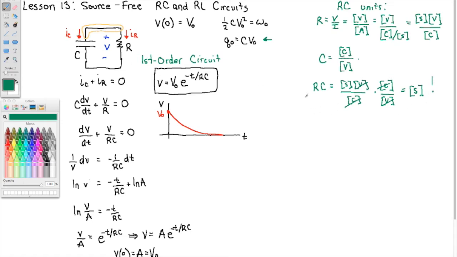Time. So this product, we call this the time constant of the circuit. And we give it the Greek letter tau. This is the time constant.